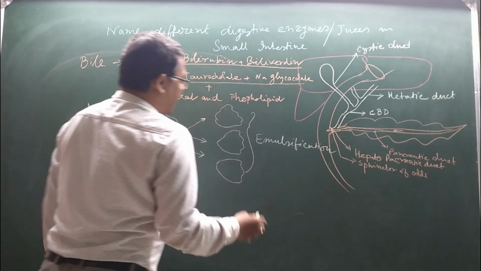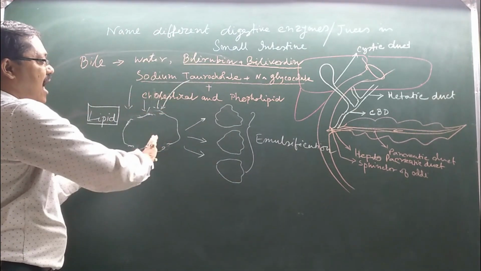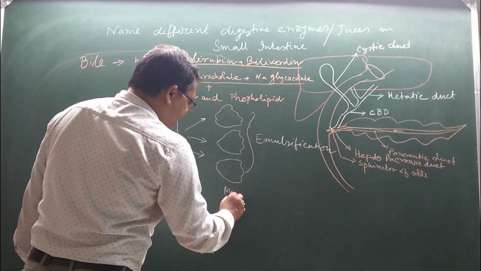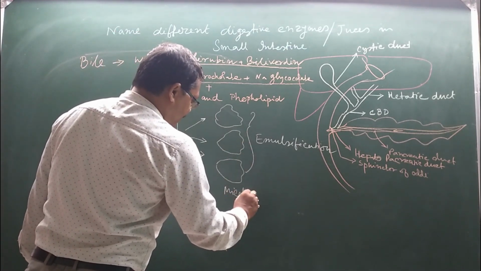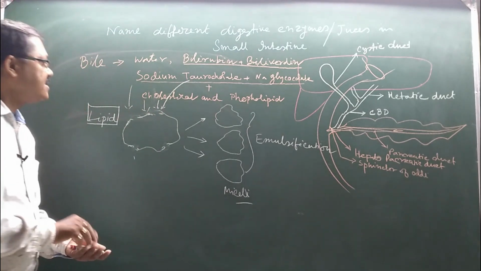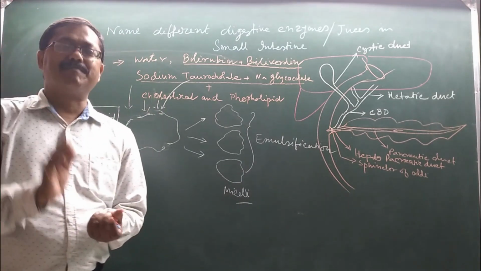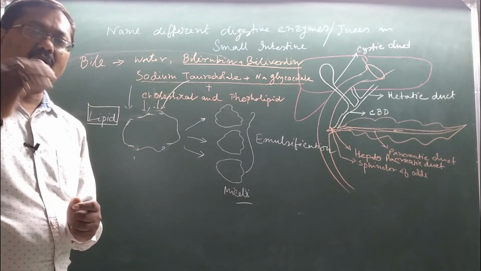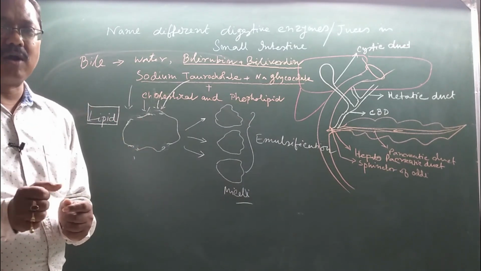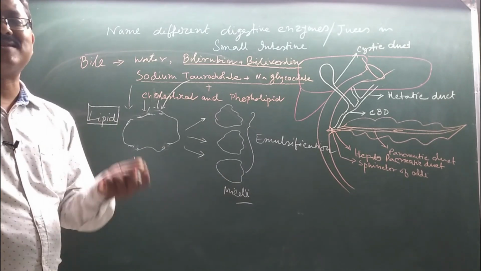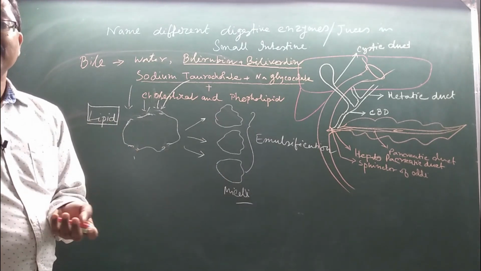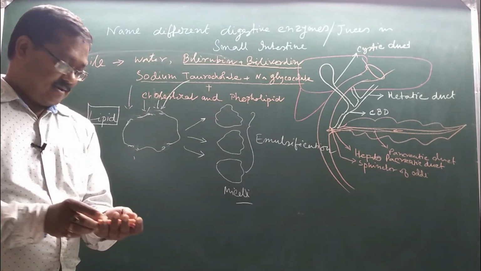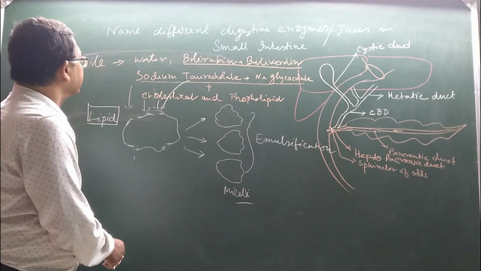Emulsification is the process by which large fat droplets are fragmented into smaller ones. These are called micelles. This is a major digestive role of the bile. Bile also helps to absorb fatty acid, glycerol and cholesterol in the lacteal, which will be studied in our next class.